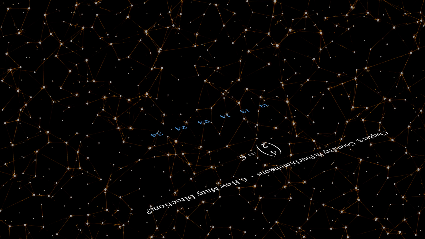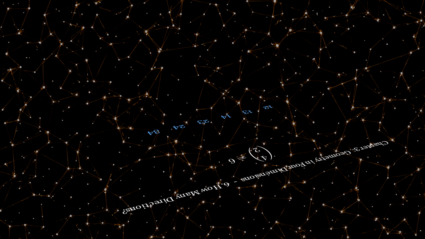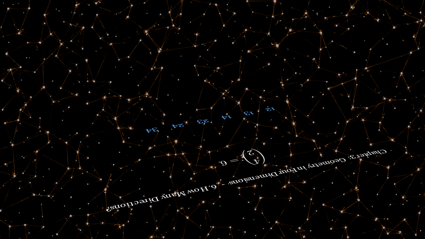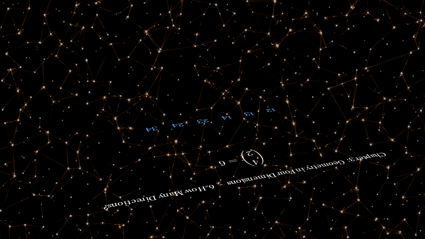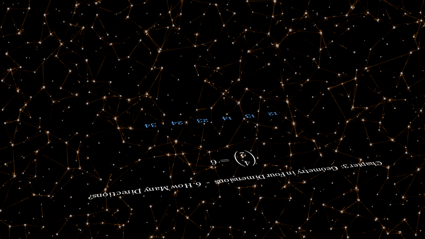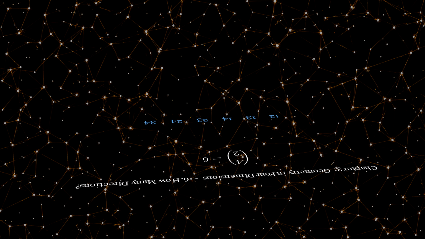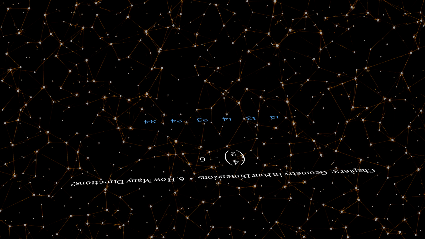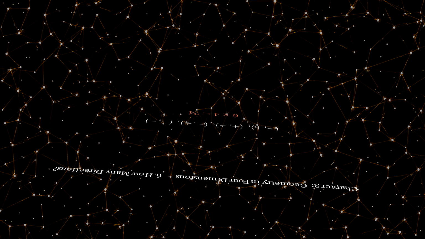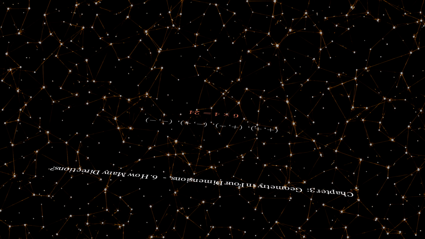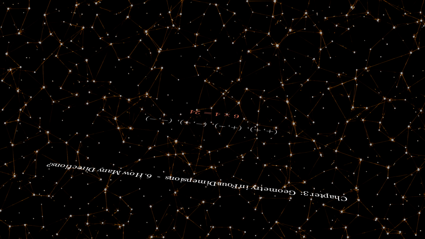But a vector and its negative define the same unoriented direction. So, 24 divided by 2 equals 12. Thus, the 12 directions are precisely the 12 antipodal pairs of D4 roots. We can write them explicitly as 6 coordinate pairs, each with 2 sign patterns: 1,2 plus, 1,2 minus, 1,3 plus, 1,3 minus, 1,4 plus, 1,4 minus, 2,3 plus, 2,3 minus, 2,4 plus, 2,4 minus, and 3,4 plus, 3,4 minus.